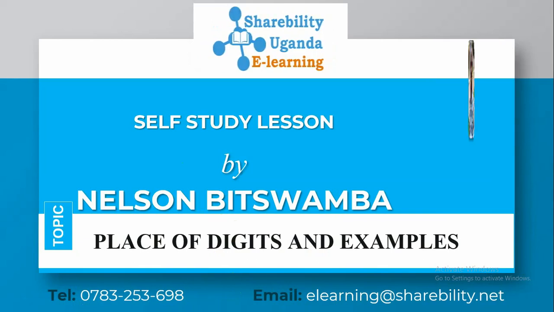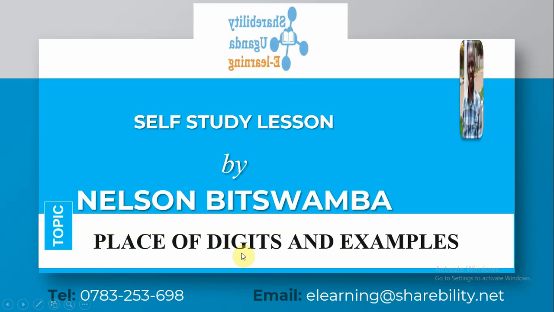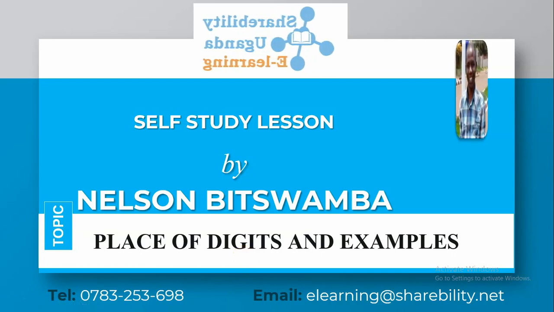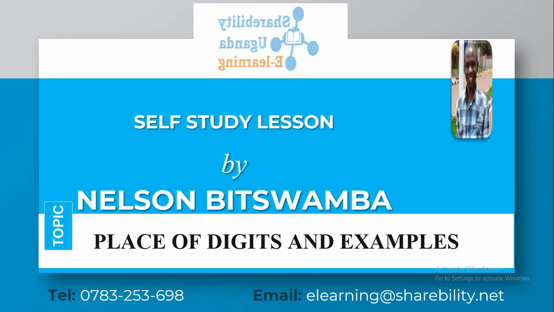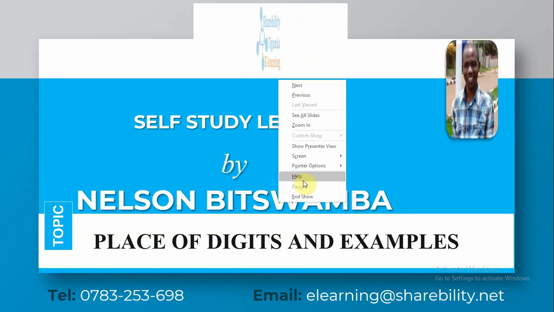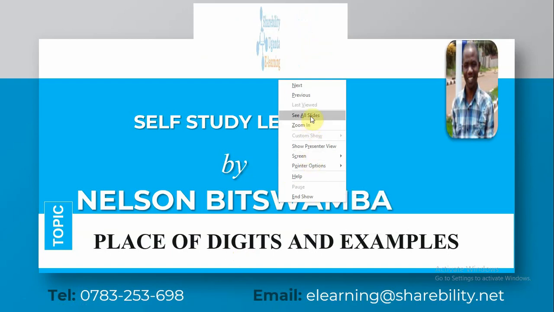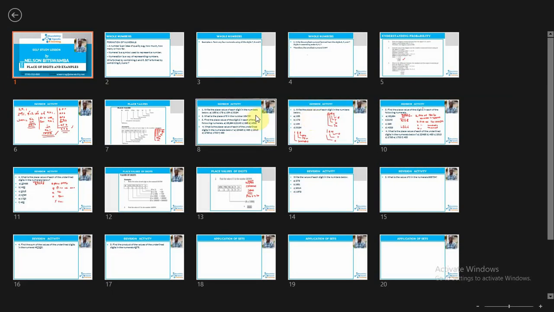So we are still looking at the different questions and how we can approach them, those concerned with place values and finding the value once you have understood how to get the place value of a number. In these questions we have been seeing how they always ask and trick us so that we get confused.